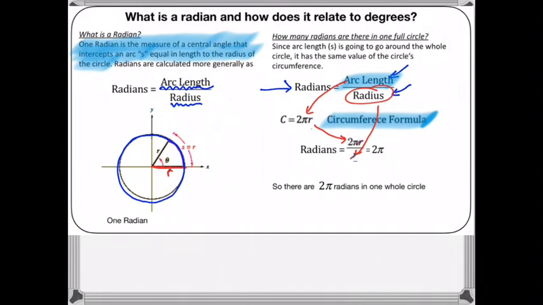So there are 2 pi radians in one whole circle. Again, 2 pi radians equal 360 degrees. In the next video, we're going to look at how to convert back and forth, changing units from radians to degrees, and then practice them later. So I'll see you in the next video.